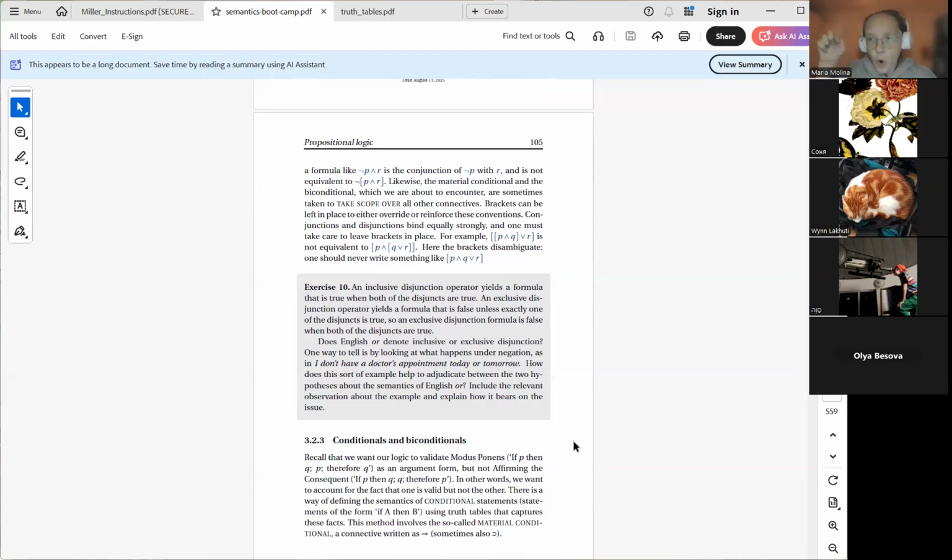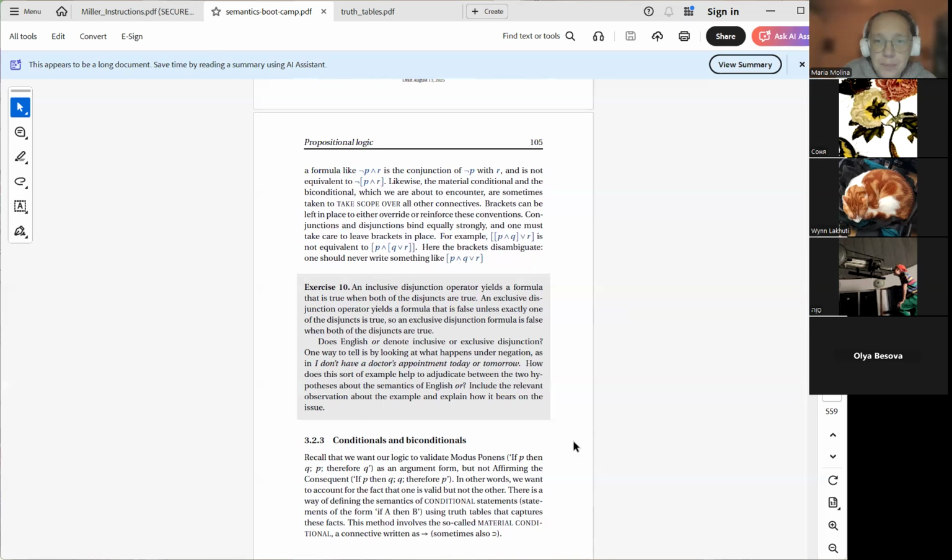This is about the or operator, disjunction. An inclusive disjunction yields a formula that is true when both of the disjuncts are true.